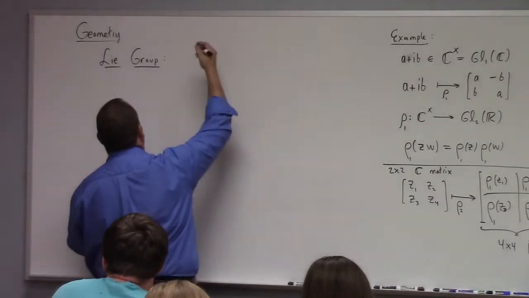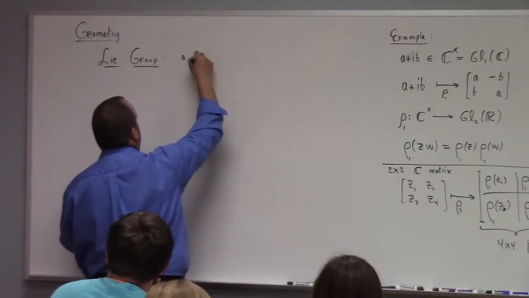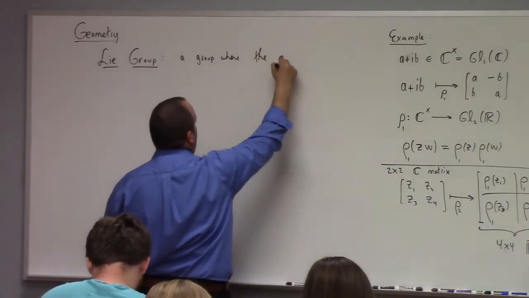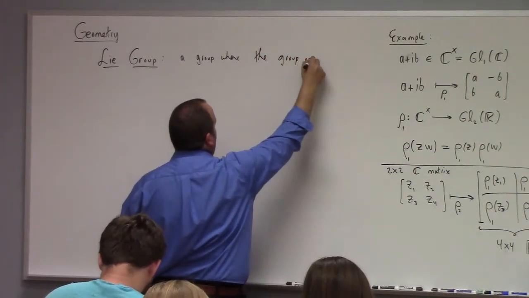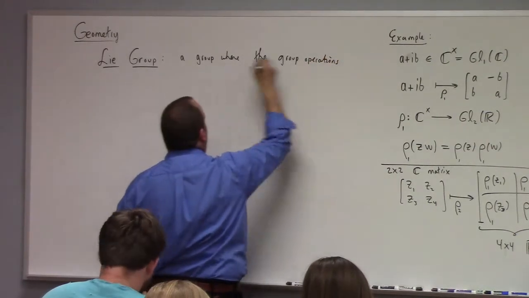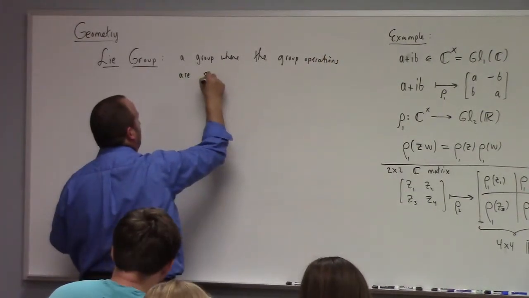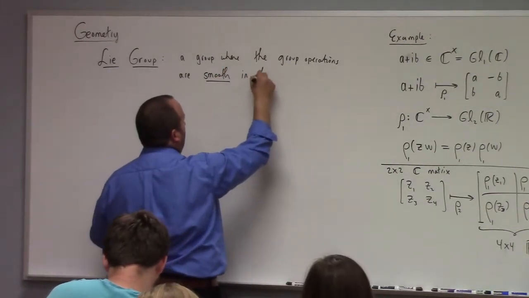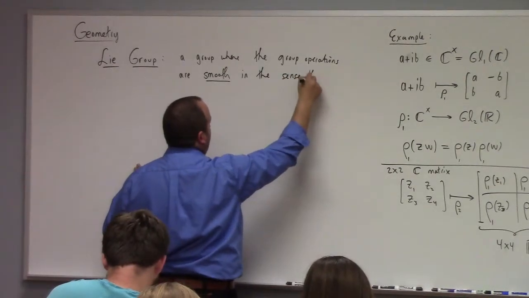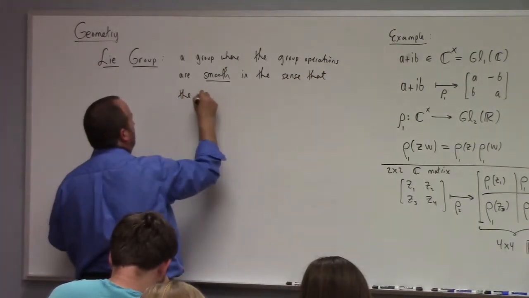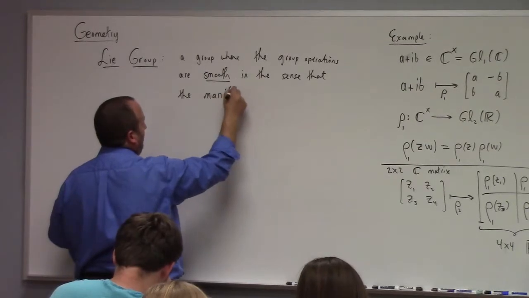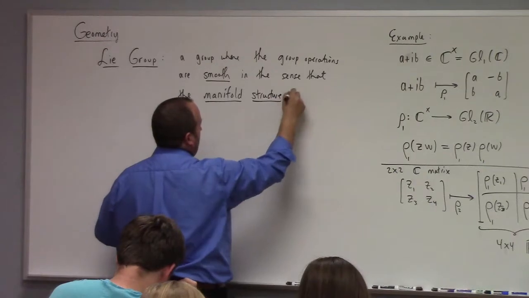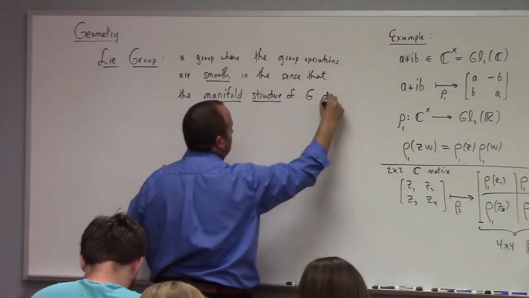To give a slightly more technical definition, it's a group where the group operations are smooth in the sense that the manifold structure of G demands.